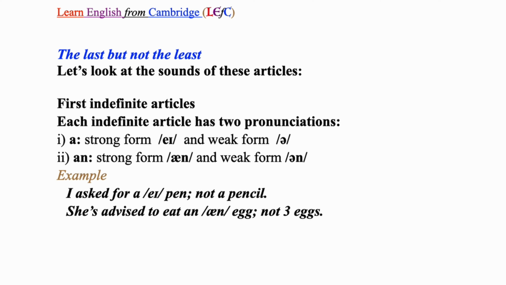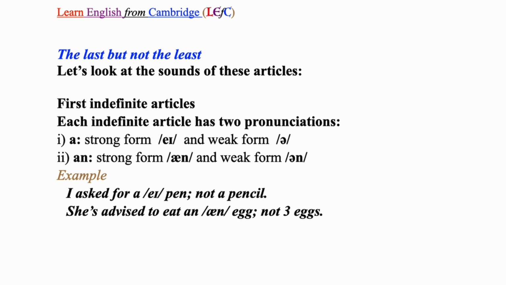So here, a pen, I've used the strong form because this noun is used in contrast with pencil. Whenever we like to show the contrast, we use the strong form with the first noun.